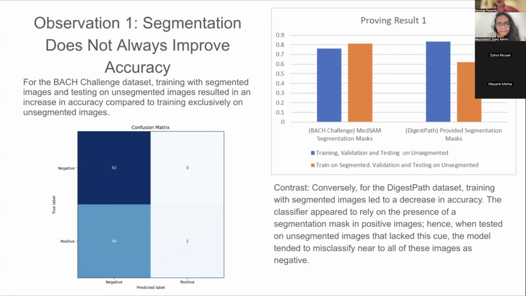But for the DigestPath dataset, where the segmentation masks were 100% accurate ground truth masks, when we trained the model on segmented images and then tested on original unsegmented images, the classification accuracy dropped by about 20%.